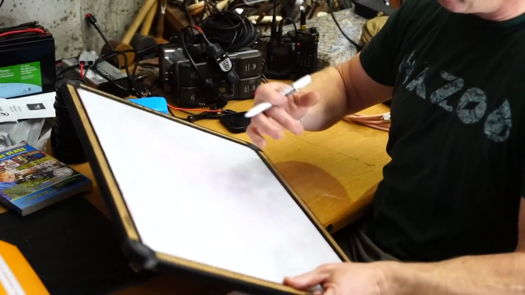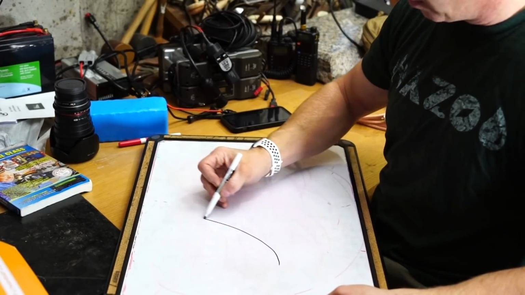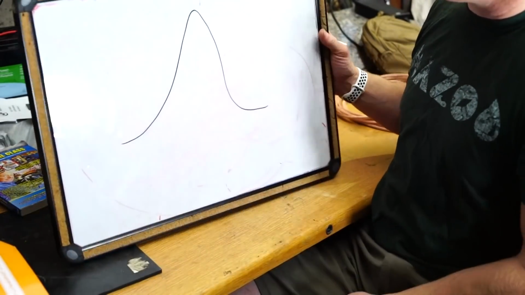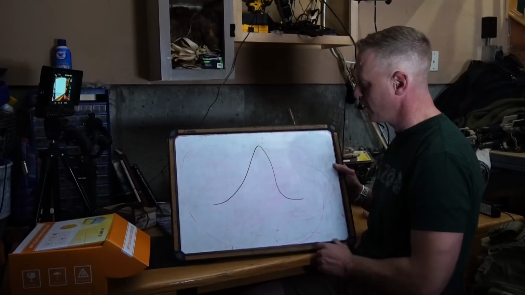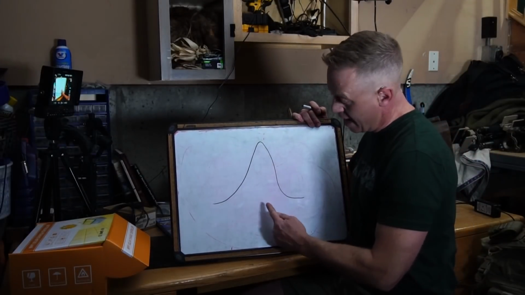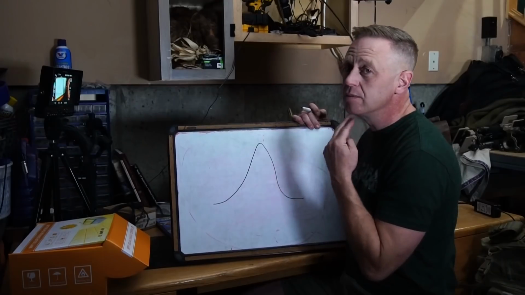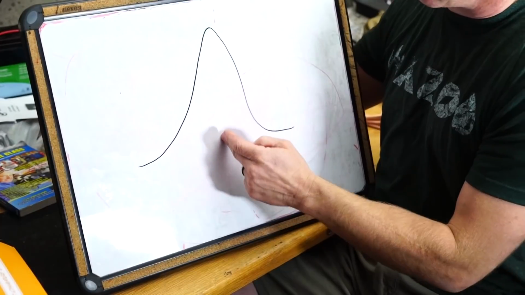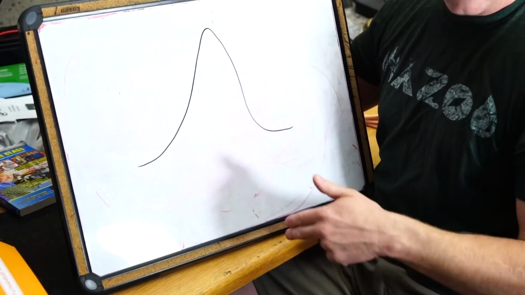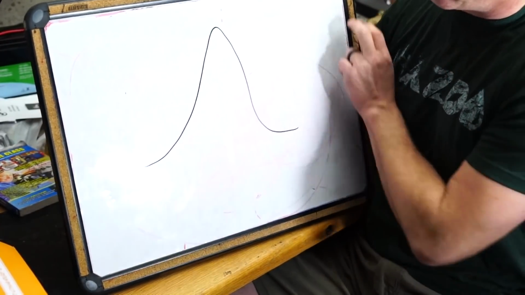When you have a waveform, it looks kind of like this, right? And when we amplitude modulate, we push more power up and down with the sound of the voice. So the amplitude changes with the voice.